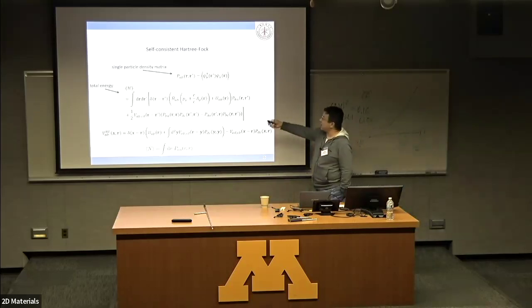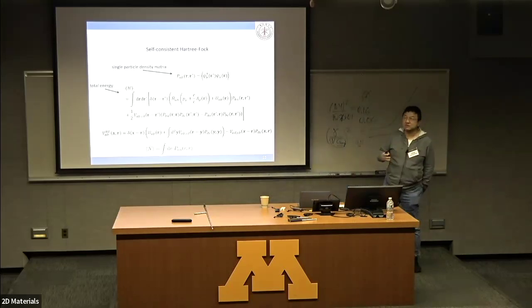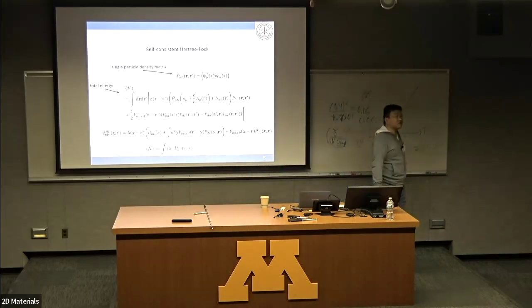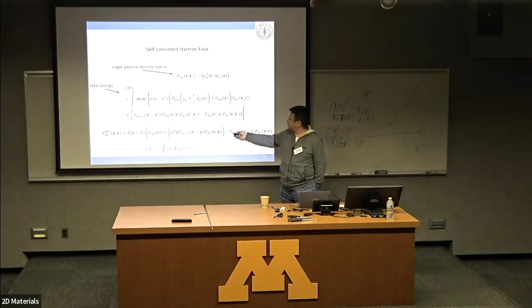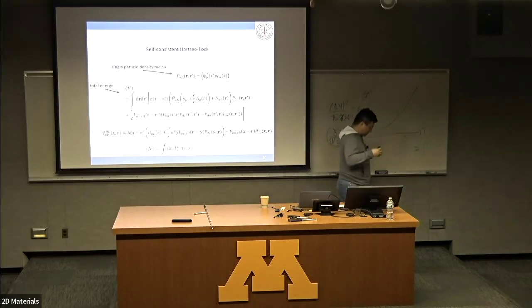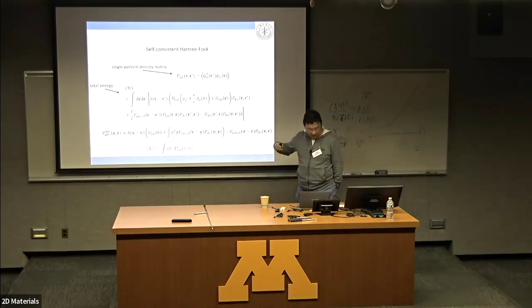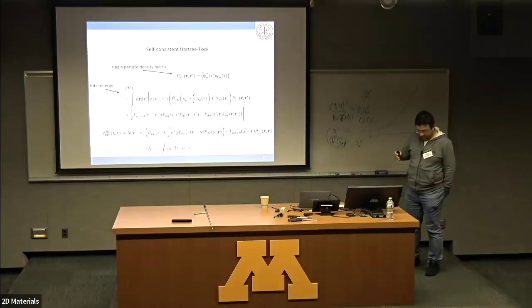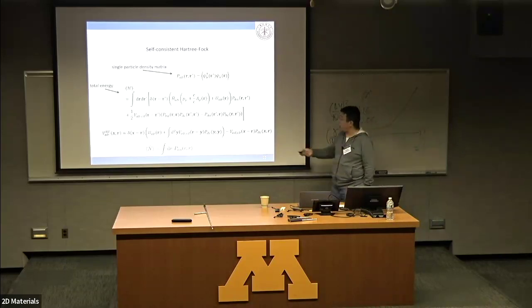And then once you have this density matrix, you can write down the expectation value of the Hamiltonian, and also you introduce something called the Hartree-Fock potential, which can be expressed in terms of this density matrix. So this is really common. This is how we introduced this Hartree-Fock potential and how we calculate the total energy.